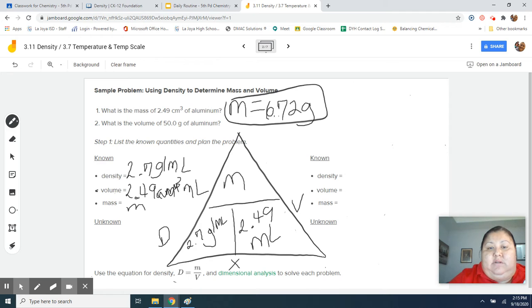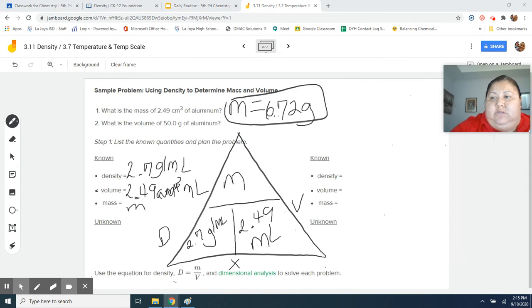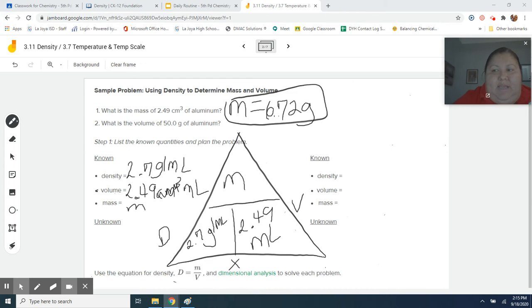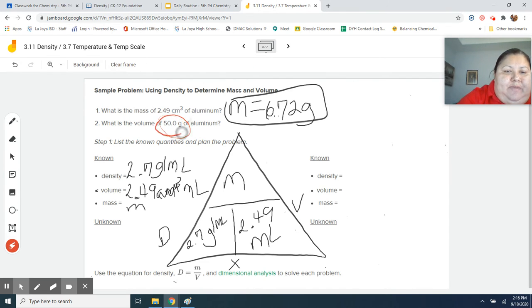Okay, now let's go to the second question. Let me just move this up so it's not in our way. The second question is, what is the volume of 50 grams of aluminum? Okay, I'm not even going to look at the question. The only thing I'm focused on right now is the number and the unit that's associated. So I'm looking at 50, and I'm analyzing, what is G? G is grams.